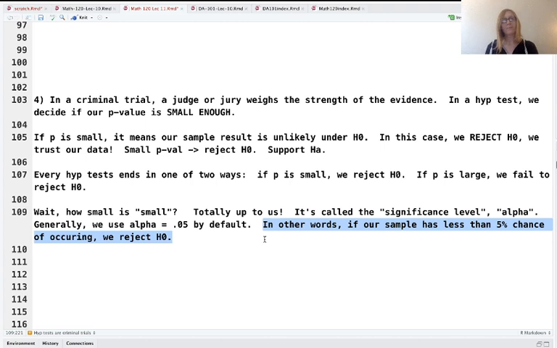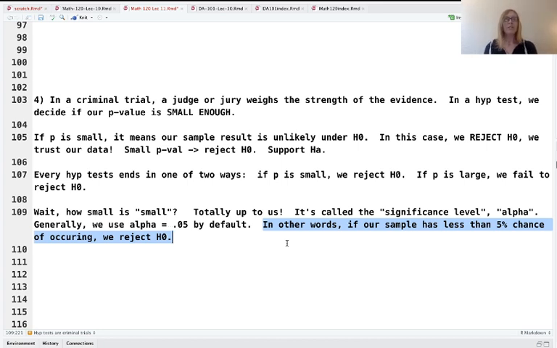So in other words, if there's less than a 5% chance of observing a sample result like the one we got, then we're going to reject the null hypothesis. That cutoff, alpha equals 0.05, is totally arbitrary. We could use alpha equals 0.01, we could use alpha equals 0.001.